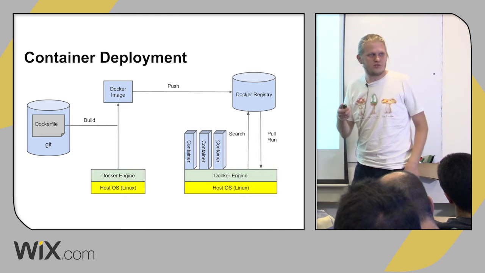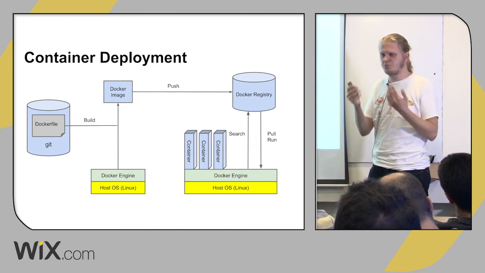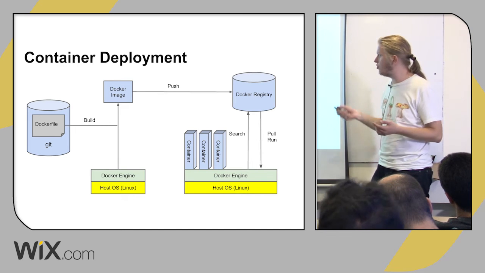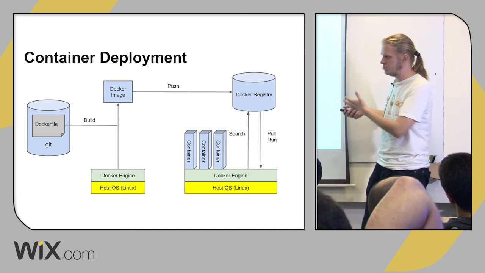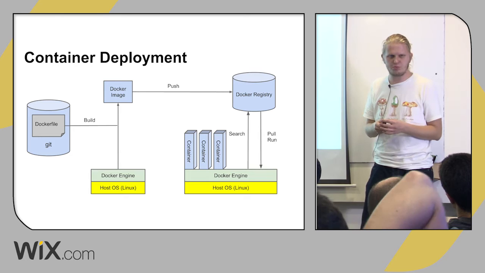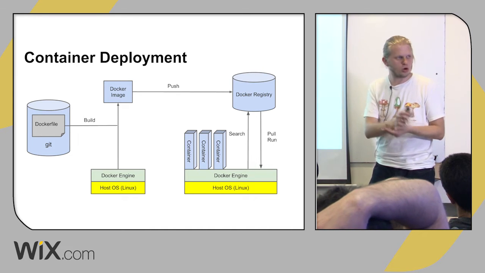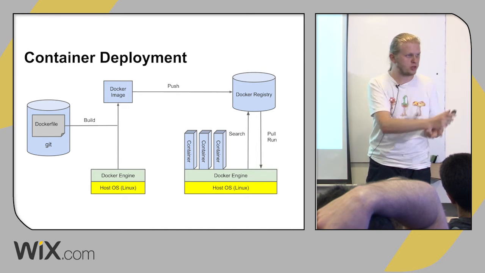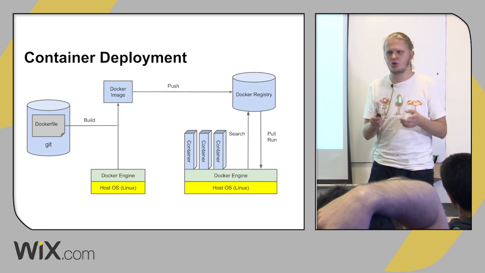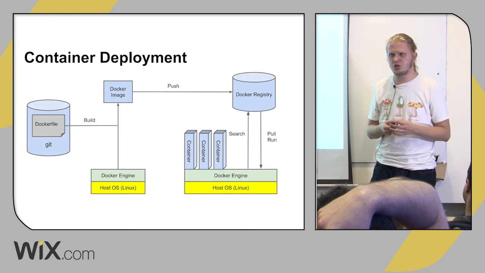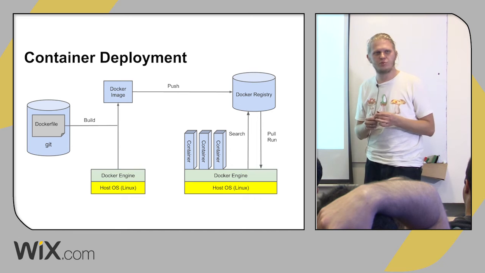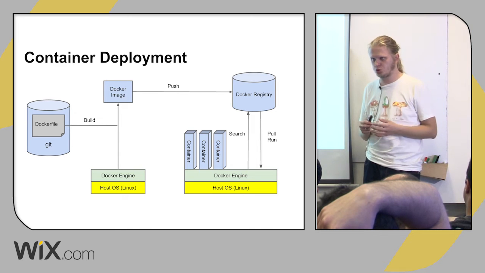There are multiple ways of automating this process, because what's drawn here is quite manual. There's CoreOS, there's Kubernetes, there's Fleet. There are a lot of solutions being built right now. None of them is yet the solution to use.